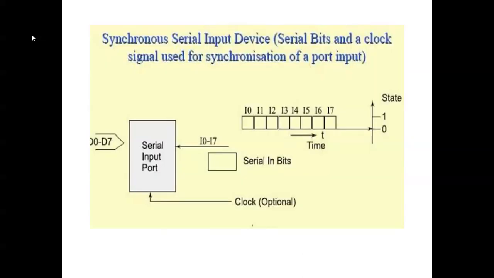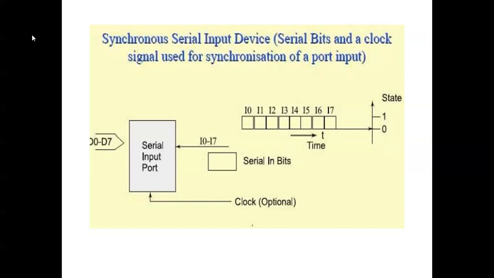So this is a synchronous serial input device for port input. Here we have the clock and then serial input, so that bits are packed as a byte. That's a packet, and one packet has 8 bits, represented as input I0, that's the first bit, I0, I1, I2, I3 up to I7.